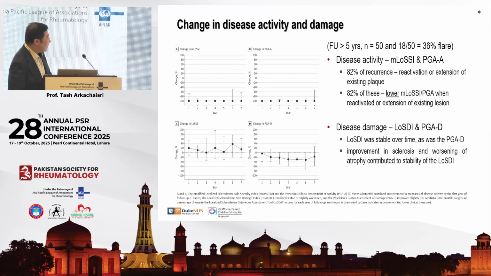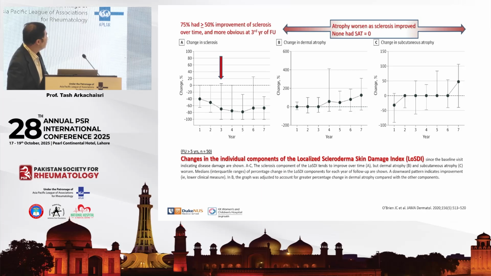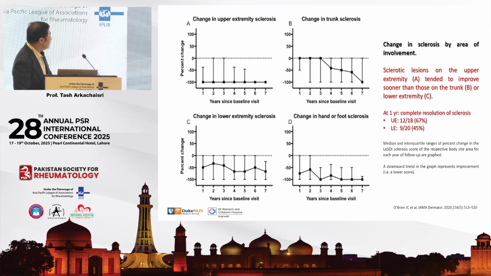For the damage, it's actually quite stable. What we know from this slide is that 75% of them will have more than 50% improvement in skin thickness. Whether they get treated or not, it will be softer. But the skin atrophy and the subcutaneous atrophy can actually get worse. That is what I said before: it won't go away.